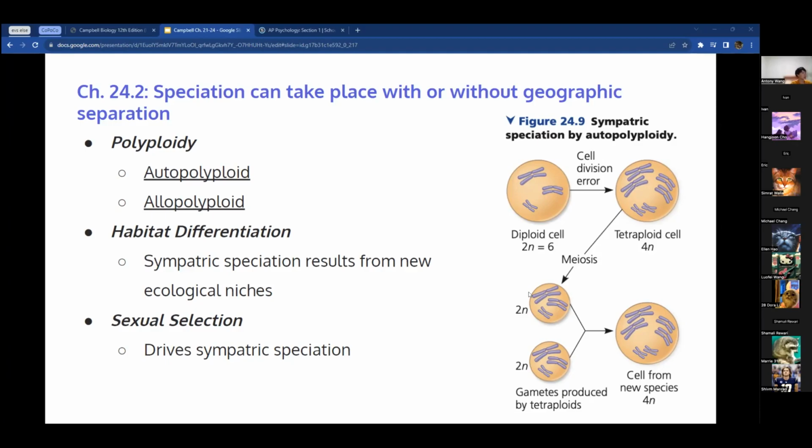And sexual selection, in a population, if you can have, like we talk about intra or intersexual, I think this is usually intersexual selection.